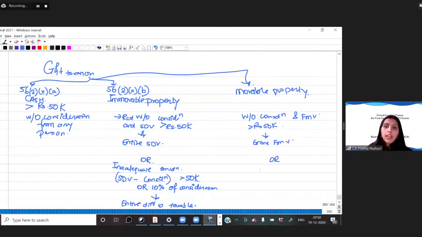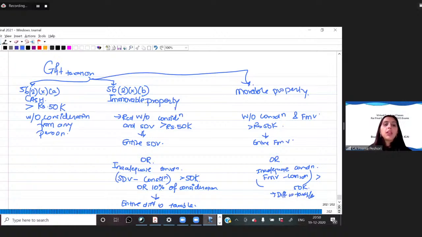Or inadequate consideration, then FMV minus consideration. If it is greater than 50,000, then difference is taxable.